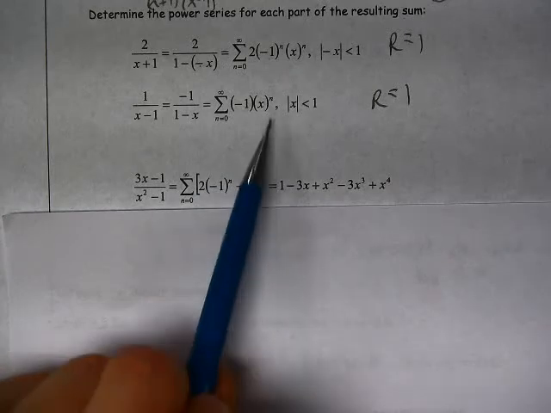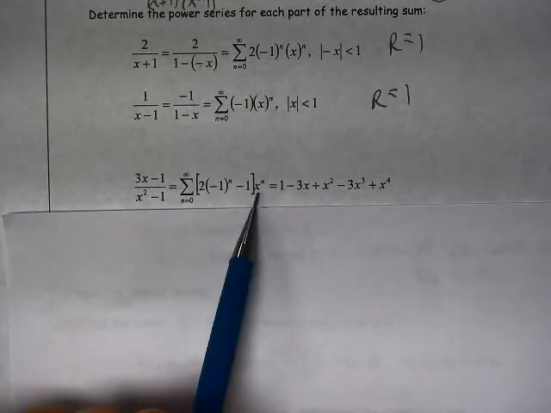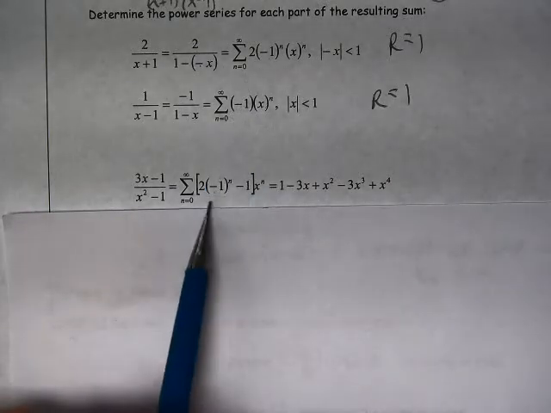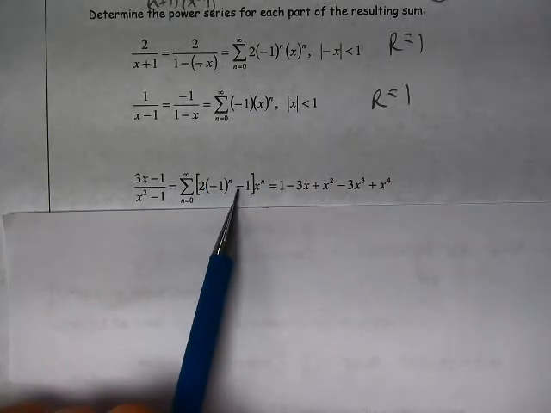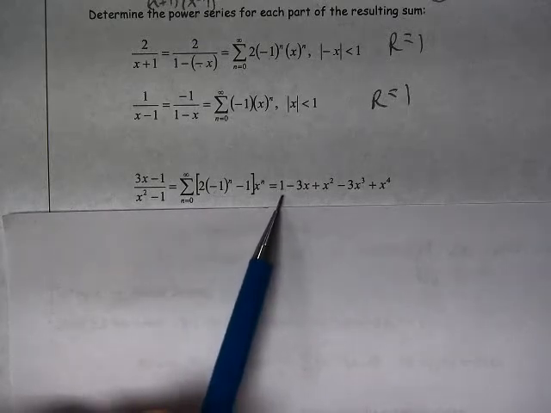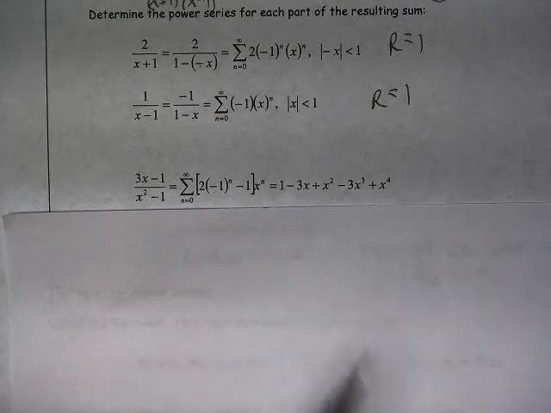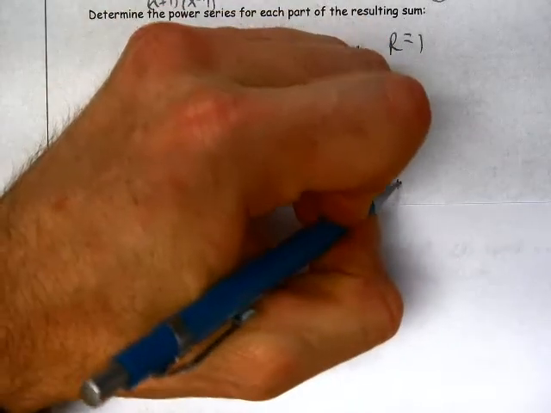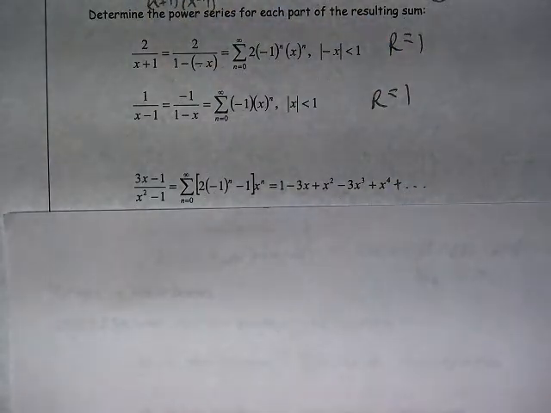I've kept the x to the n term here, and I've collected the coefficient terms, 2 times negative 1 to the n minus 1. And then this would look something like this. The first few terms would look like that.